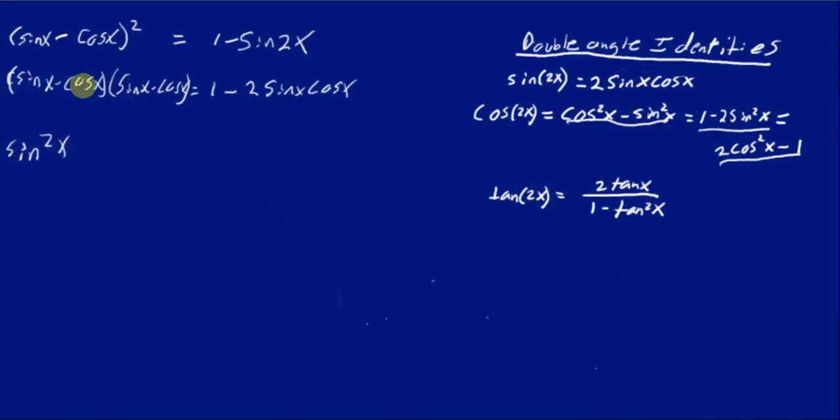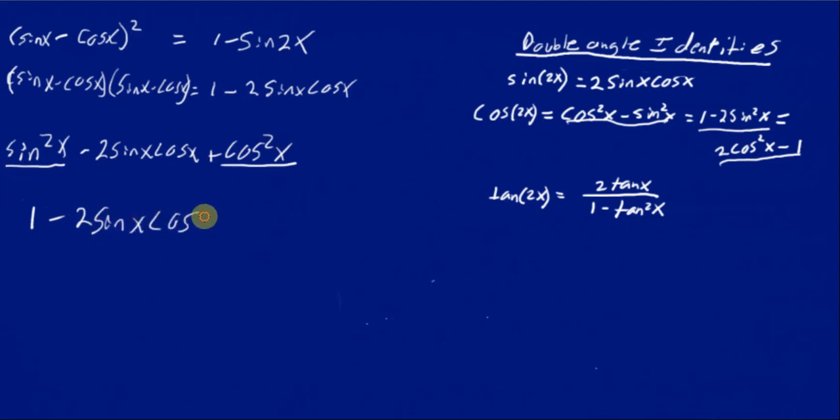My inners are going to be minus the sine of x times the cosine of x. The outers is going to be minus the sine of x times the cosine of x, or 2 of those, so minus 2 times the sine of x cosine of x. And the last term is going to be a positive cosine squared x. Well, the last term and the first term here is going to be sine squared x plus cosine squared of x, my Pythagorean identity, which is 1, minus 2 times the sine of x cosine of x.